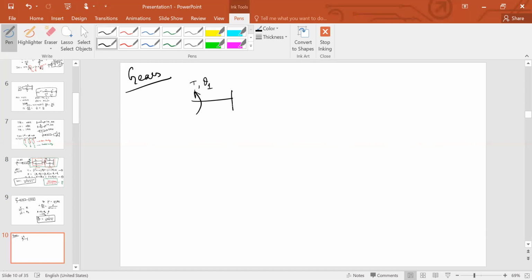Let's say there is a gear here. Gears are quite often used, as you might know, to step up or step down the speed as well as the torque. So this is a gear having N1 number of teeth, and this is a gear having, let's say, N2 number of teeth. And then you have an inertia block here, which is, let's say, J, which in turn is connected like so.